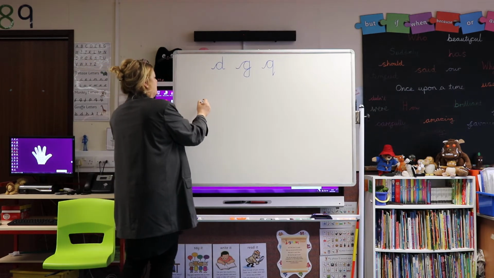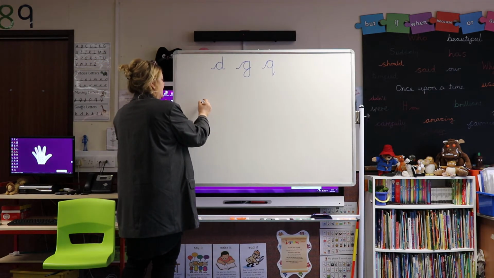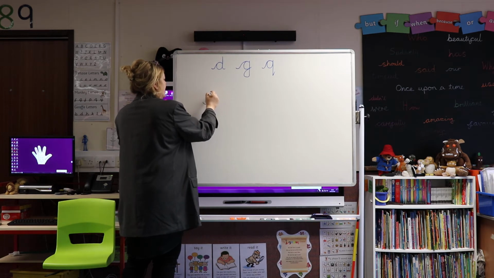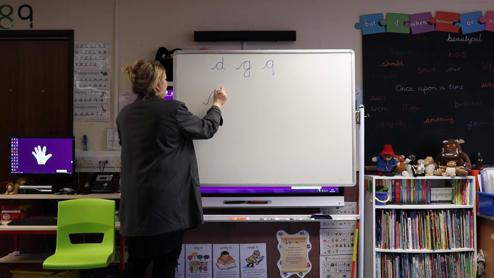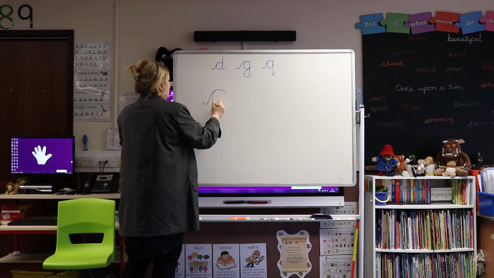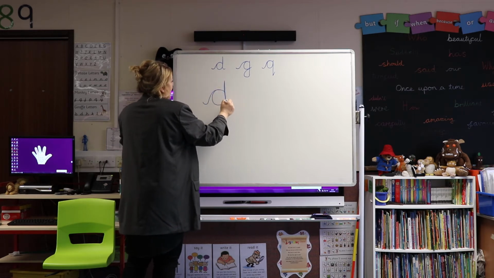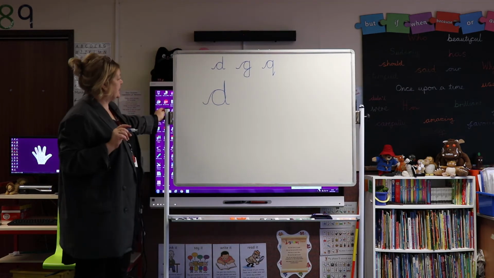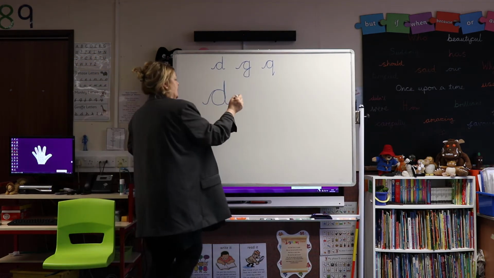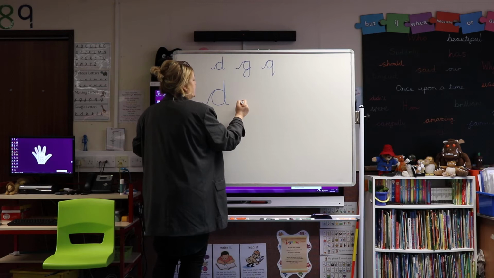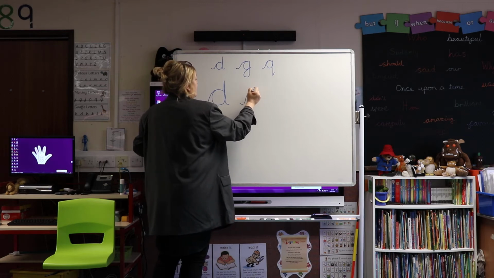Starting where we started for all the others on the line, leading in, round to 2 o'clock, back to 10 o'clock, up, down and flick. Oh, I can do better than that one. Let's try again. Starting with the leading on the line, all the way around to 2 o'clock.